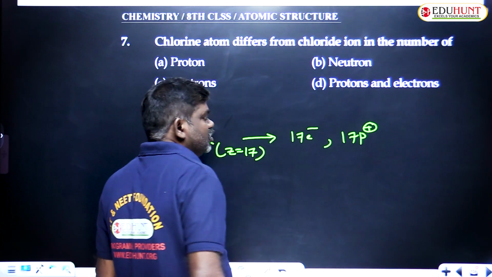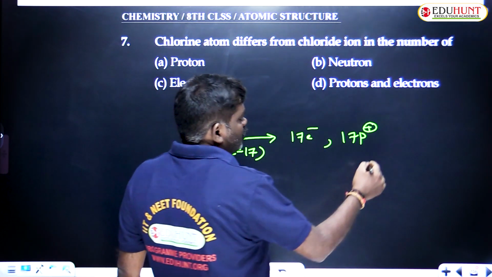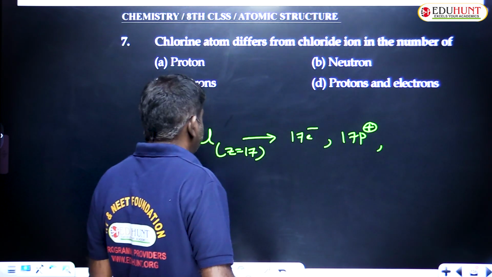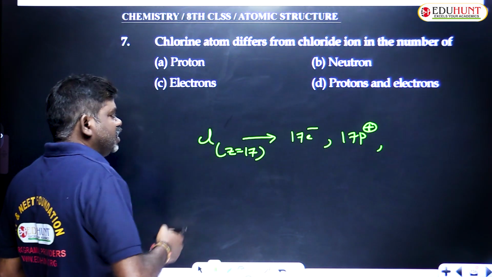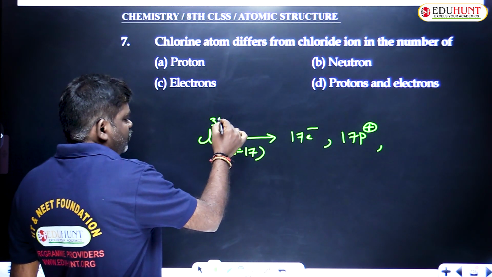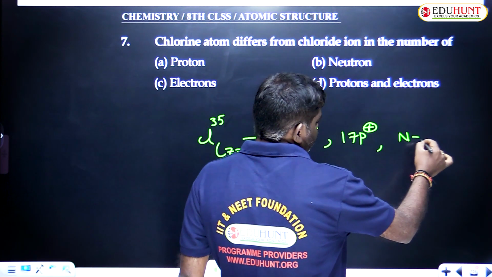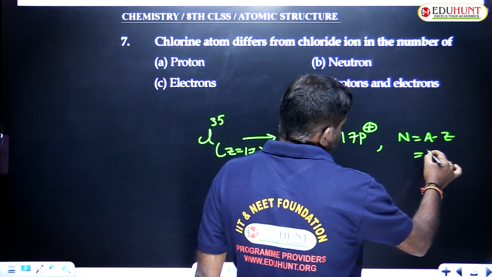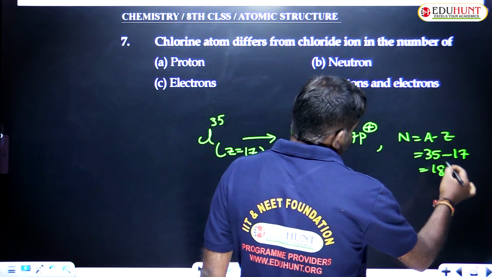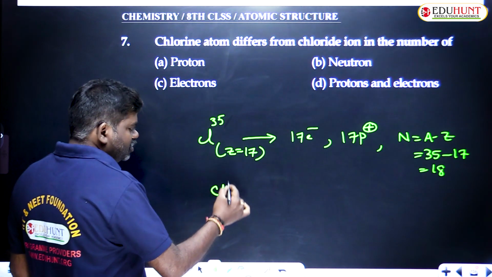Now neutrons: chlorine atomic number 17 and mass number 35. The number of neutrons is A minus Z, that is 35 minus 17, so 18 neutrons are present.